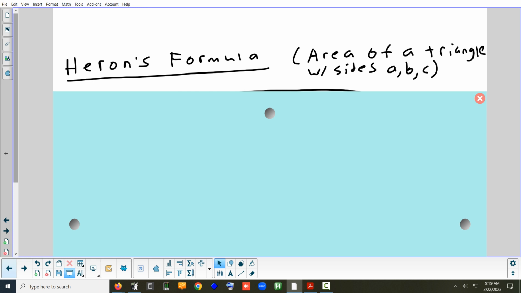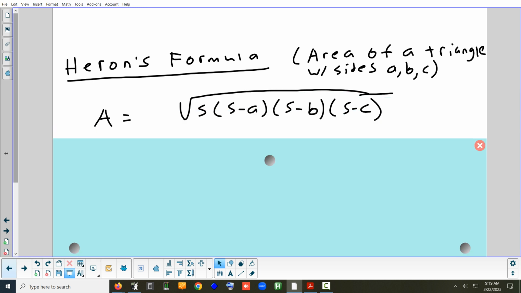So this is the connection really with what we did in this section. We learned law of cosines. This formula is based off the law of cosines. That's Heron's formula. So it's the square root of, and then there are 4 unique letters under there: S, S minus A, S minus B, times S minus C.